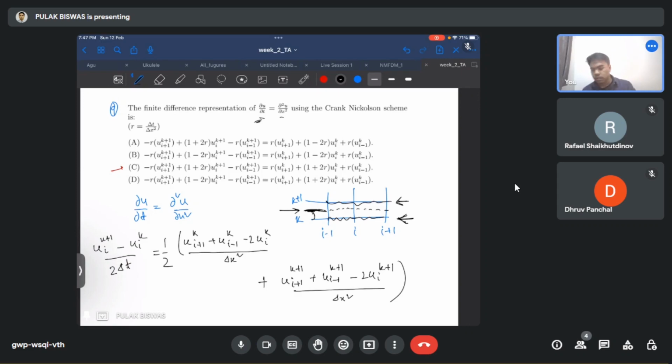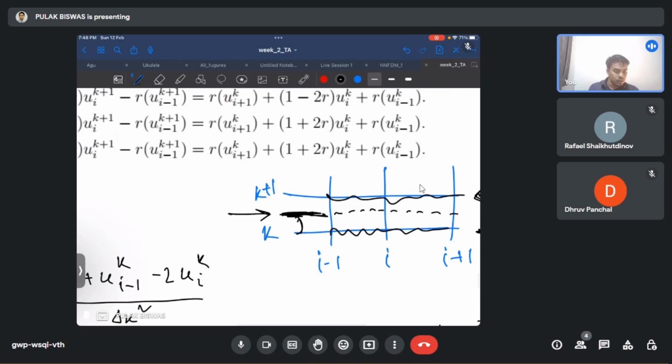Is it coming like this? No, this 2 is not there. Why will the 2 be there?